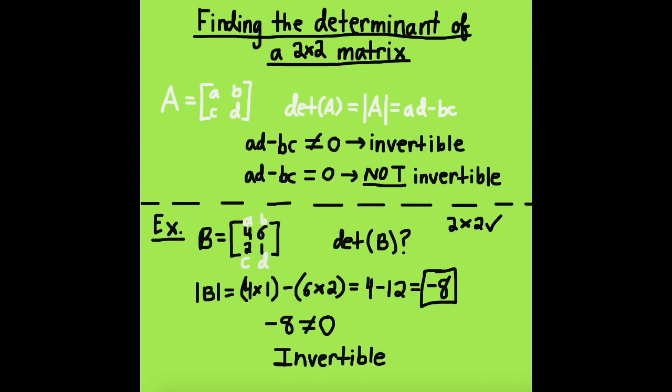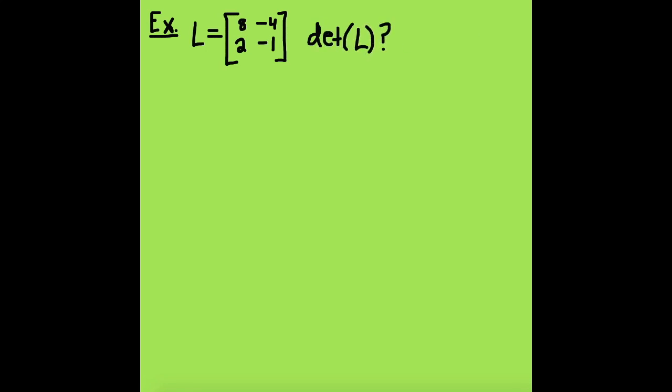Let's try another example. Let's say we have matrix L that is equal to 8, negative 4, 2, negative 1. What is the determinant of matrix L? First, let's check if this is a 2 by 2 matrix.